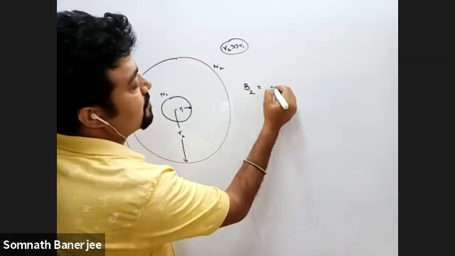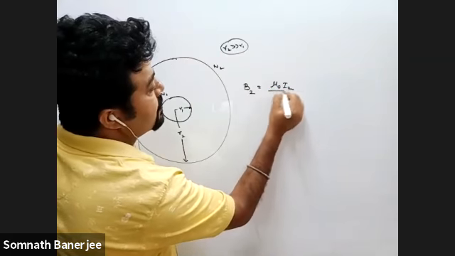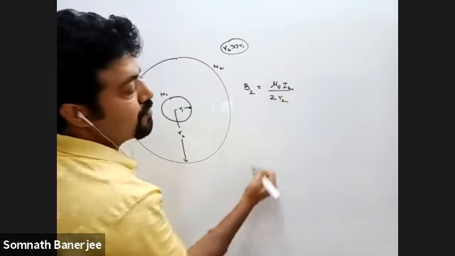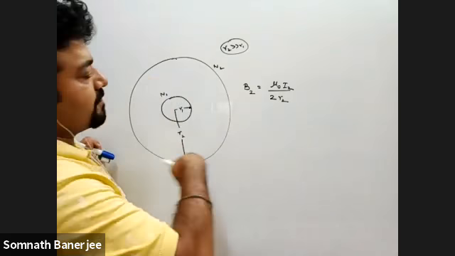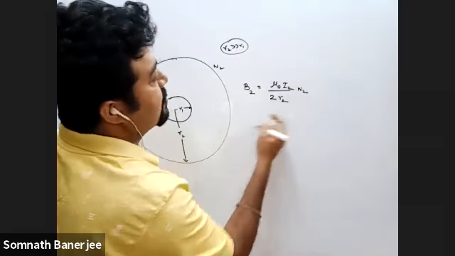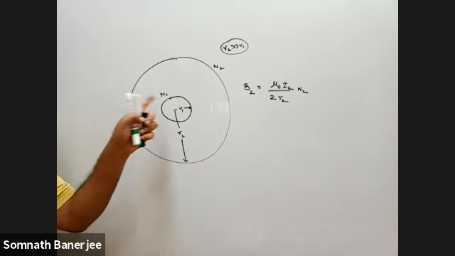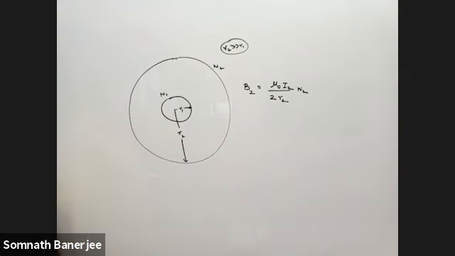So what is the formula? Mu naught I2 by 2 R2, we know this, and the total number of turns of the outer coil is N2. So this is the total magnetic field, whose direction we can decide, into the page or out of the page.